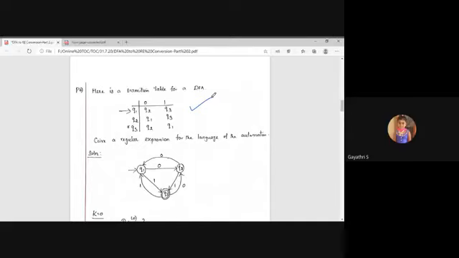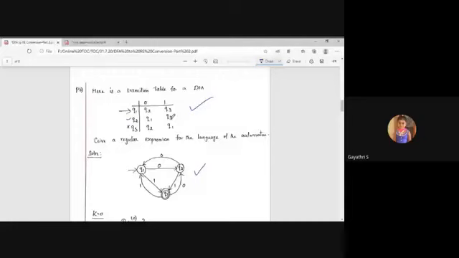One is given to the initial state, then higher numbers to the final state. Here one more node, an intermediate node, so 1, 2, 3. This is the transition diagram.